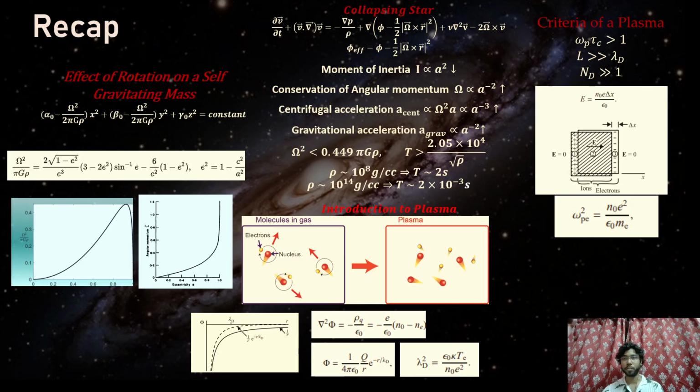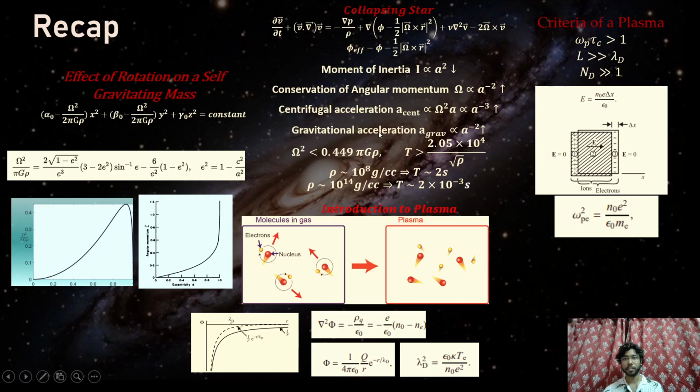As the star collapses, its radius decreases, and therefore the moment of inertia decreases. But in order to conserve the angular momentum, which is I omega, omega should increase. And so the centrifugal acceleration, which is omega square a, should also increase.